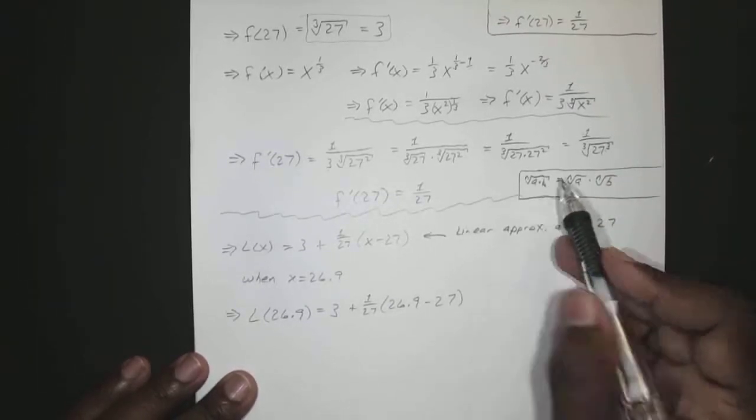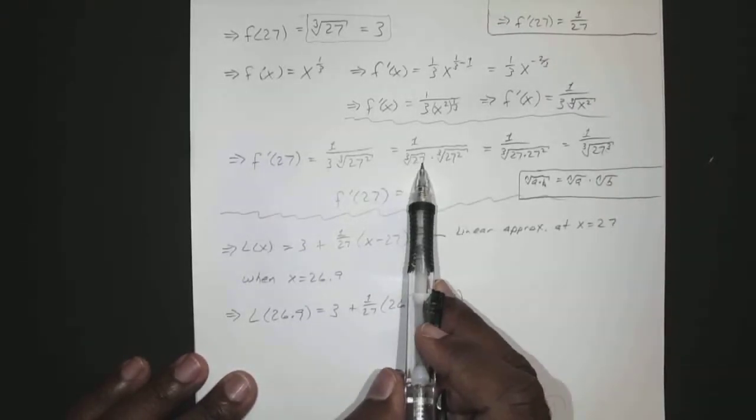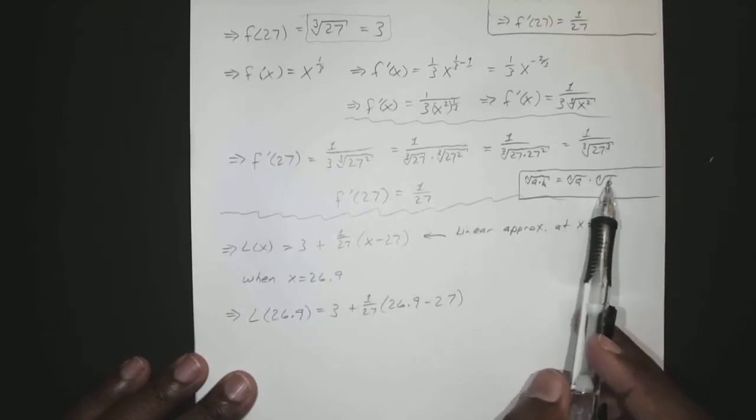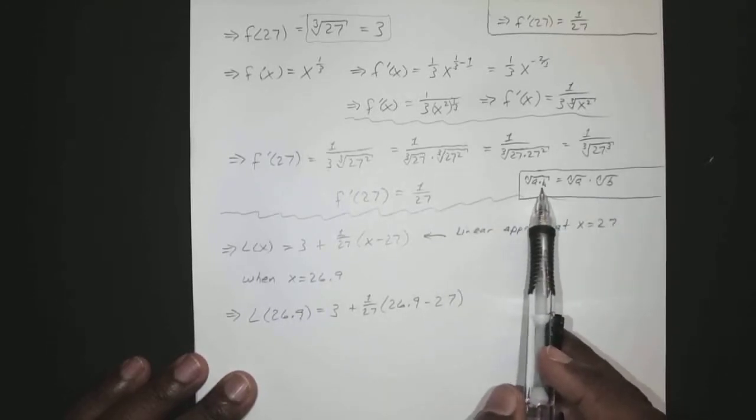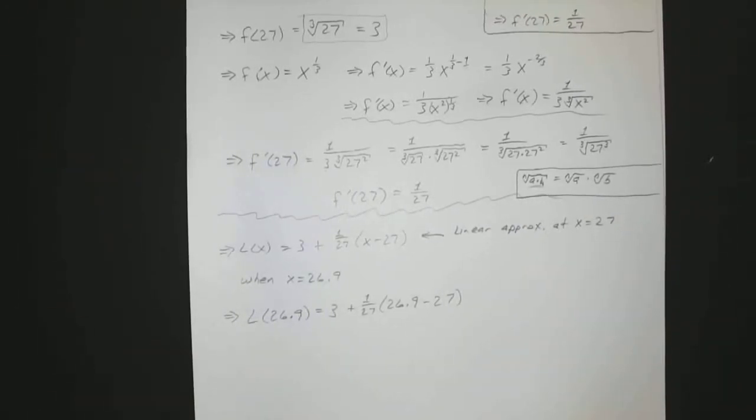And it also works the other way. So since we had a cube root of 27 and a cube root of 27 squared, we just brought them all under the same radical, which gave us 27 cubed. Exactly. I know it's a little bit tricky.